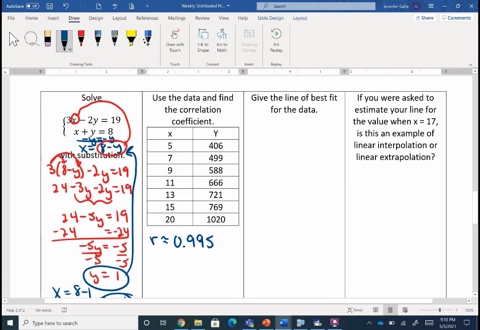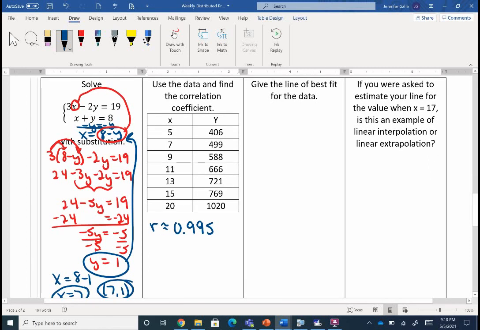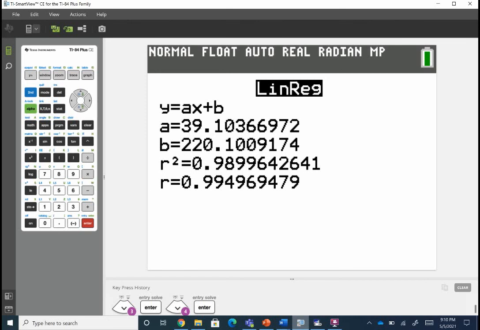Then we're asked to give the line of best fit for the data, and that is already on our screen as well. So we're going to have y equals ax plus b. It's customary to round a and b to 3 decimal places.